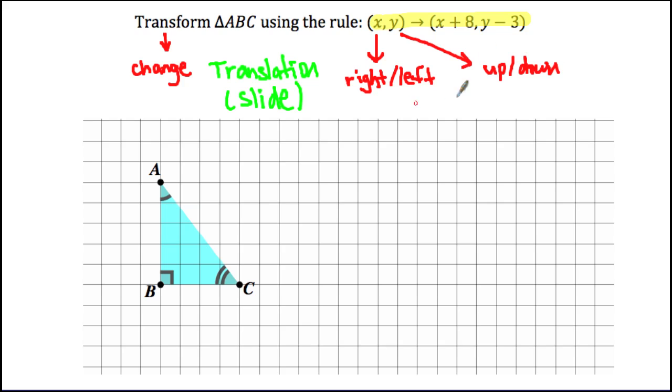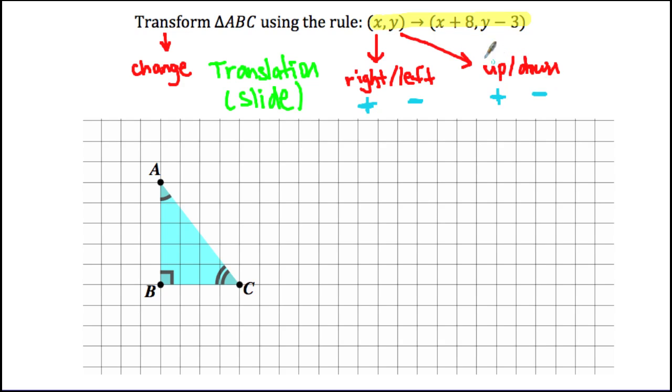It's the same thing here. If we want to slide an object to the right, we indicate that using a plus sign, and to the left, a minus sign. Likewise, to slide an object up, we use a plus sign, and down, a minus sign.